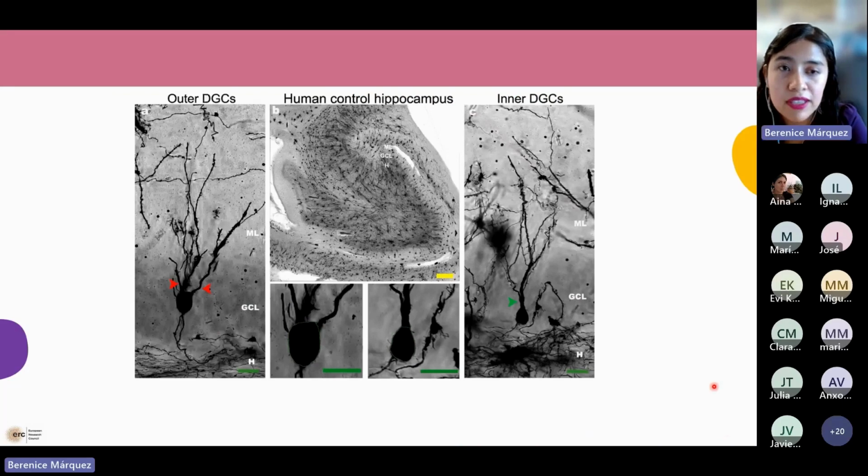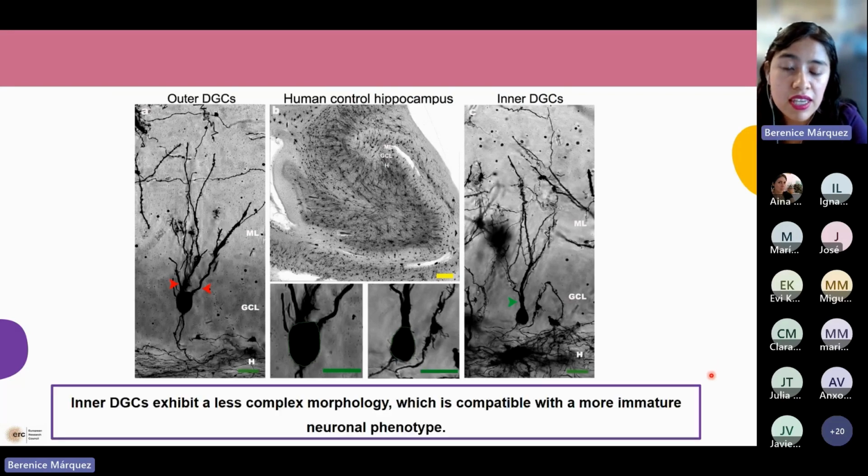Even though Golgi staining is not selective to differentiate between developmentally born and adult-born dentate granule cells, our data suggest that inner dentate granule cells exhibit a less complex morphology, which is compatible with an immature phenotype similar to that observed in adult-born dentate granule cells.